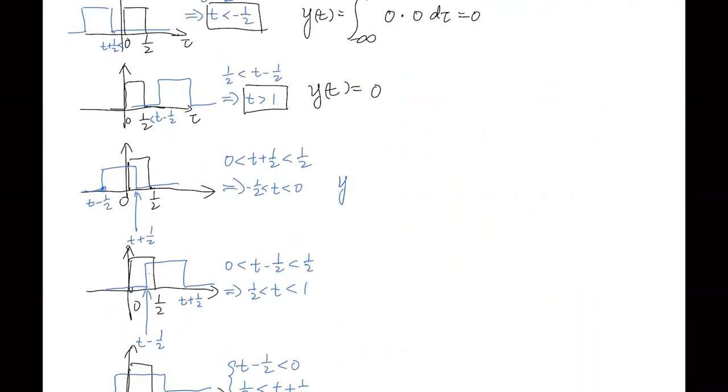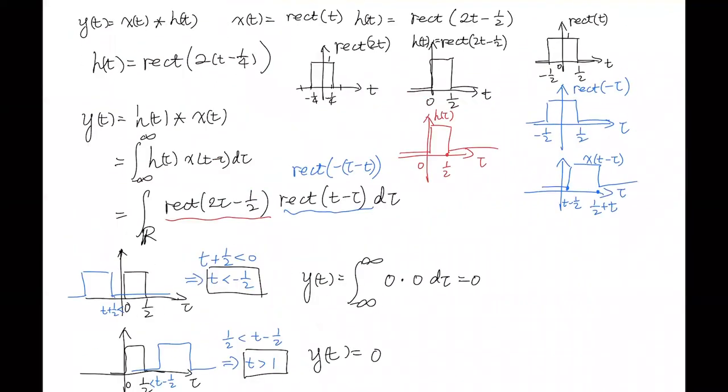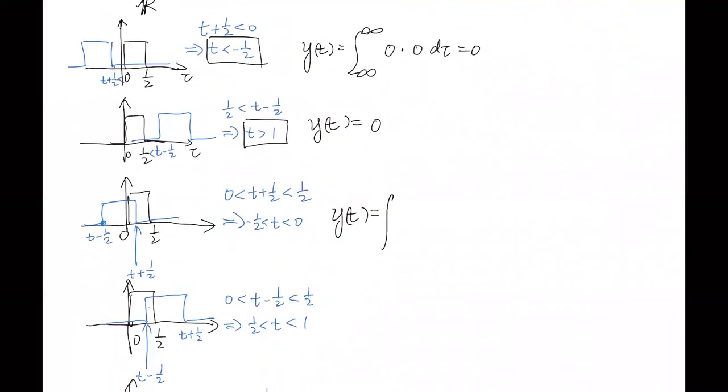So y of t, that's just the black ink. y of t equals the integration. Originally it was from negative infinity to positive infinity, but because both of them are going to be 0 outside the common range, the common range is actually here, right? 0 to t plus half.